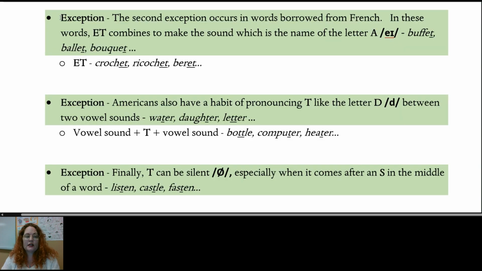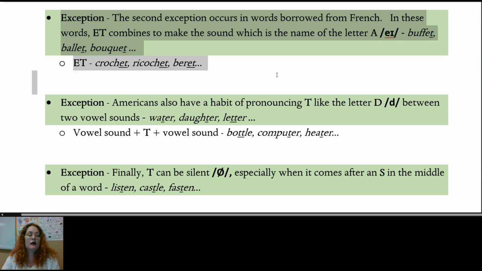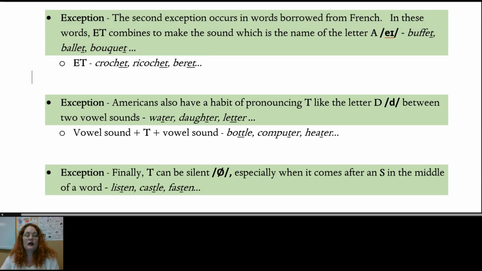There are several more exceptions. Another one occurs in words that come from the French language, where we actually hear the long A sound. For example, buffet, ballet, bouquet, croquet, ricochet, beret.